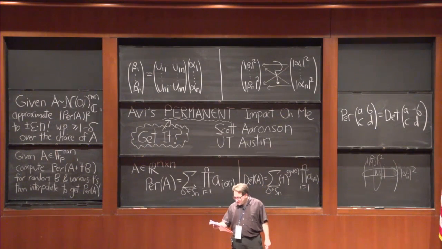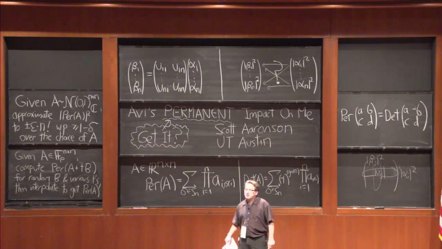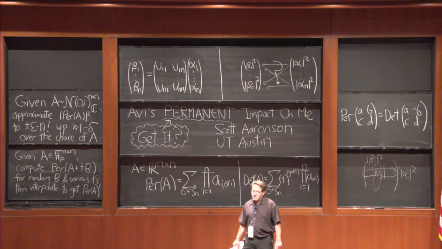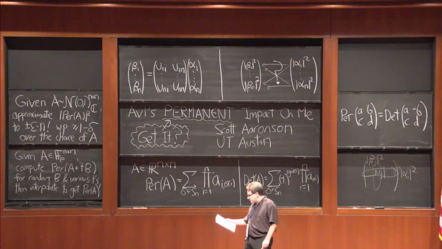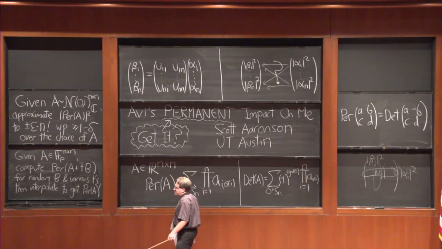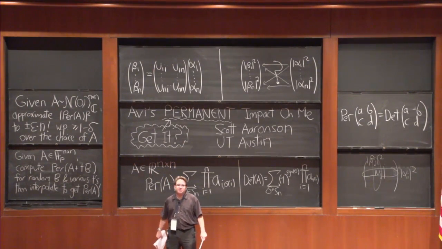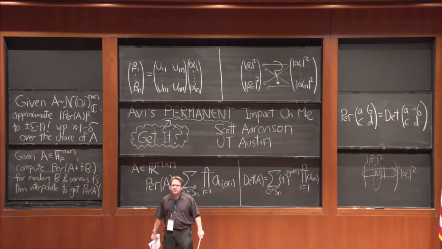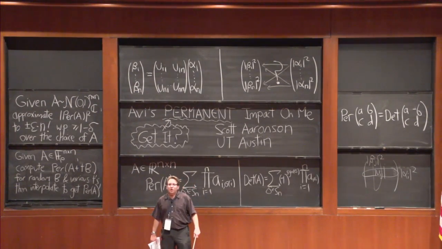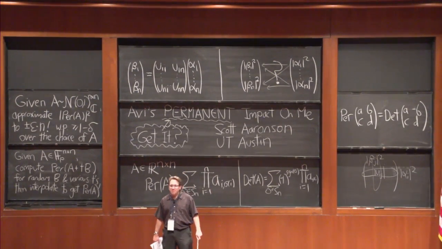But now I can't resist telling you the biggest theoretical open problem that arose from my and Alex's work. We would like to say that even if you had a polynomial time algorithm that sampled a distribution that was merely close in variation distance to the true boson sampling distribution, that already would collapse the polynomial hierarchy.